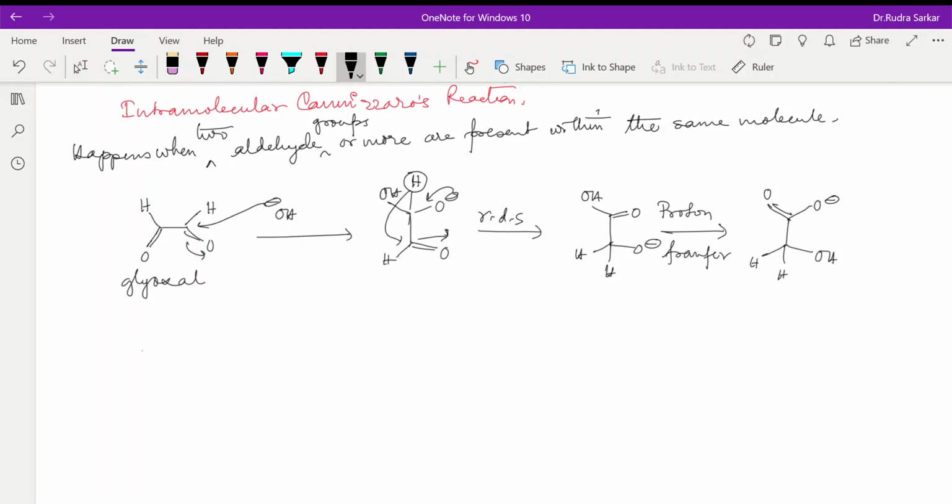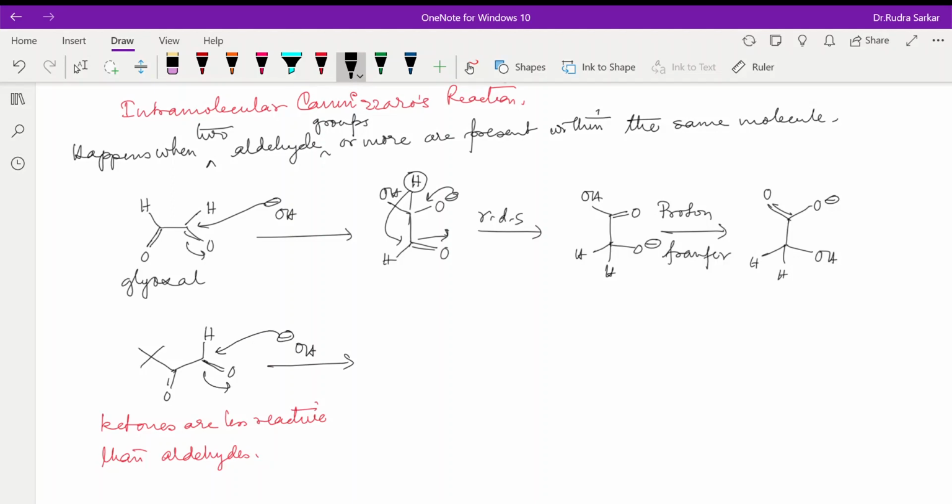if I give you, obviously ketones are less reactive than aldehydes. So this will attack here, that will open up.